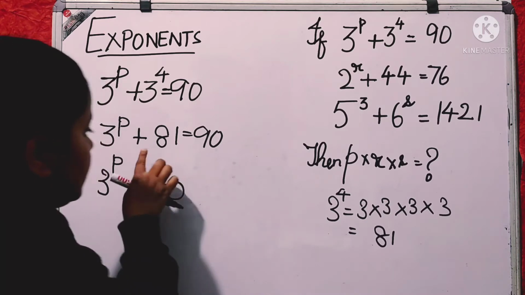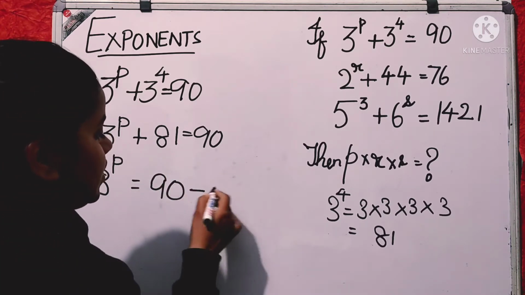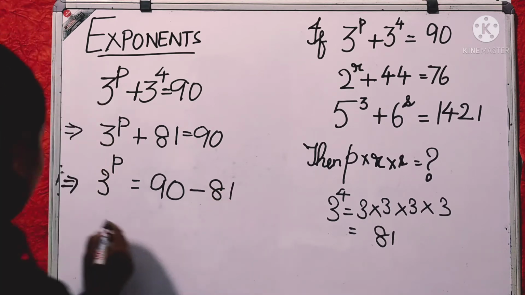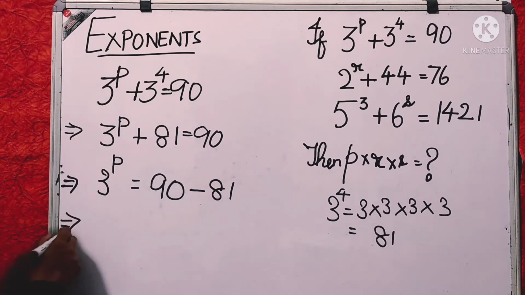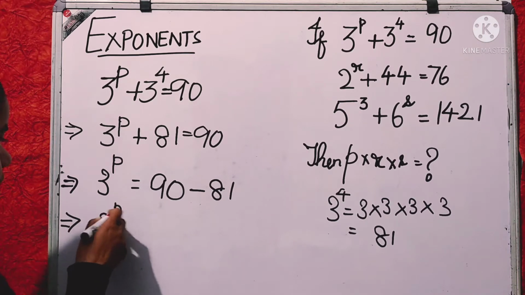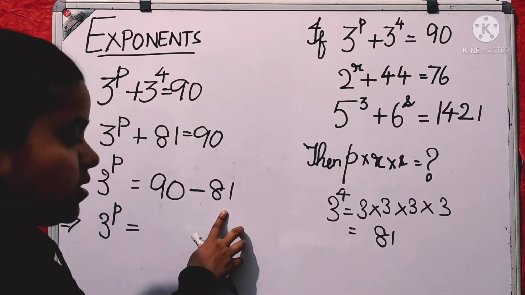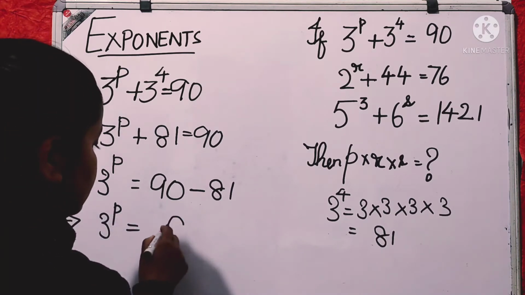So instead of positive 81, this would become negative 81. This is 3 raised to the power P equals 90 minus 81, which is 9.